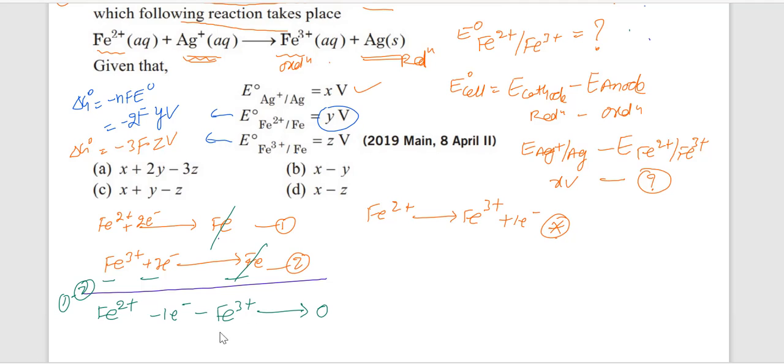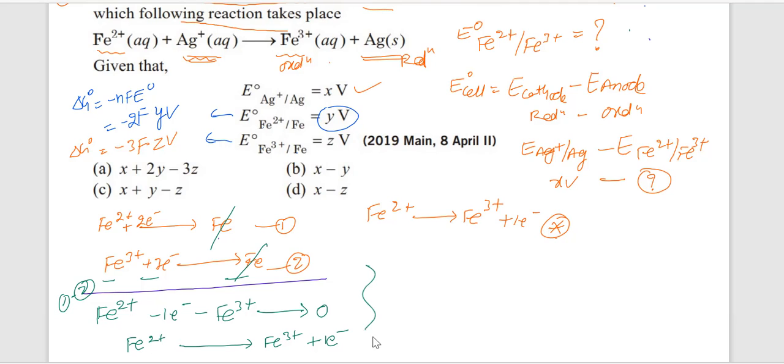Just a mathematical equation, you have to solve that. So I can write in the next step Fe2 plus gives rise to Fe3 plus and 1 electron. Okay, so what we required, that star equation, we got it.